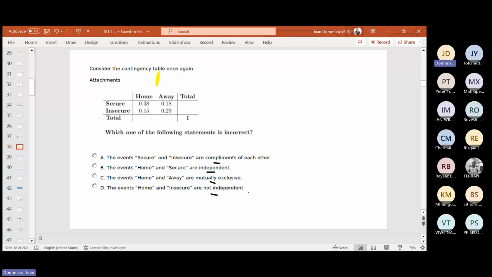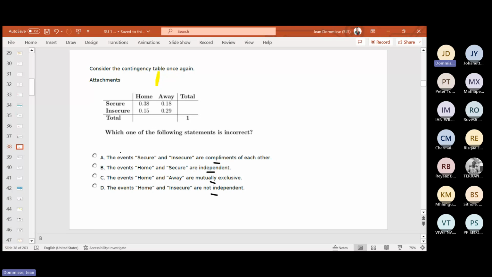So we need to look at those four things, and we need to look at the data that they give us and see if we can find out one of these things.